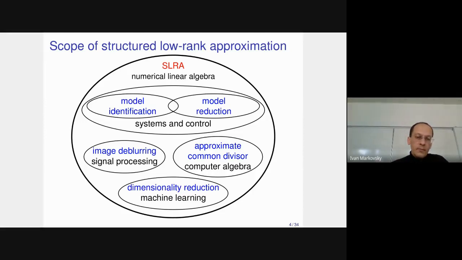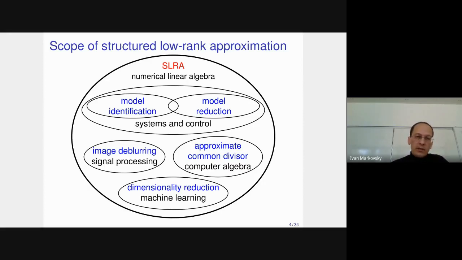In two-dimensional and higher dimensional cases, this will be more complicated because it will be block Hankel-Toeplitz, where each block itself is Hankel-Toeplitz. It's nested. In computer algebra, for the problem of approximate common divisor computation, the structure is Sylvester. The Sylvester matrix is rank deficient if and only if the polynomials which parameterize it have a common factor. And that's a way to compute common divisors and do it also approximately.